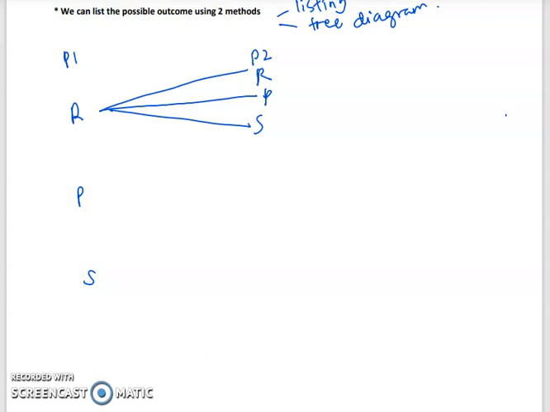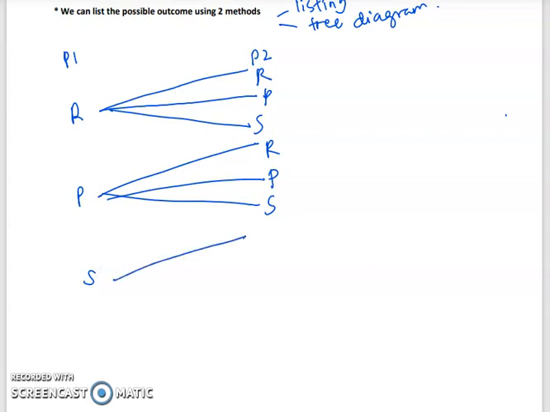Because it's possible for them to show different results here. If pupil number 1 shows paper, then pupil number 2 might show rock or paper or scissors. If pupil number 1 shows scissors, then pupil number 2 might show rock, paper, or scissors.